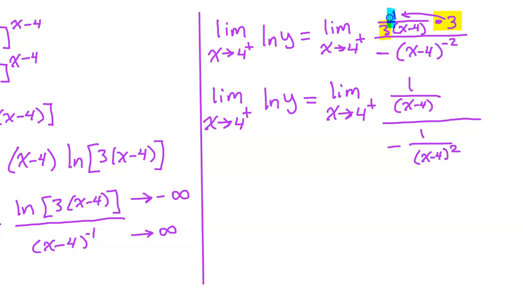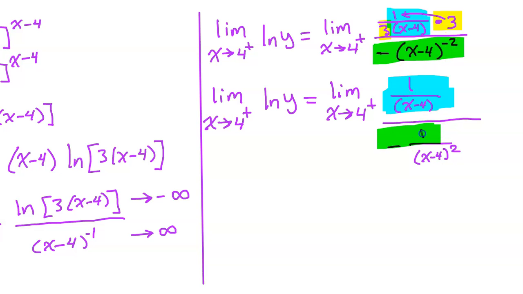And then we have the 1 over (x − 4), which is right here. And that leaves the denominator, which is −(x − 4)^(−2). But I can rewrite that in this way. That negative 2 power, I can drop down to the denominator.